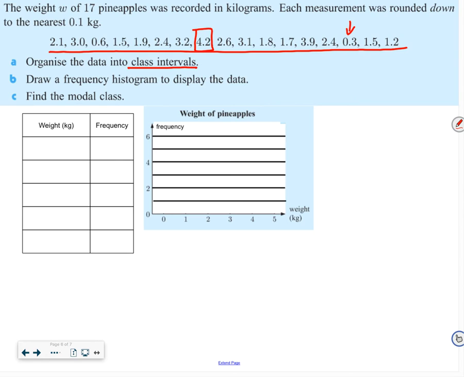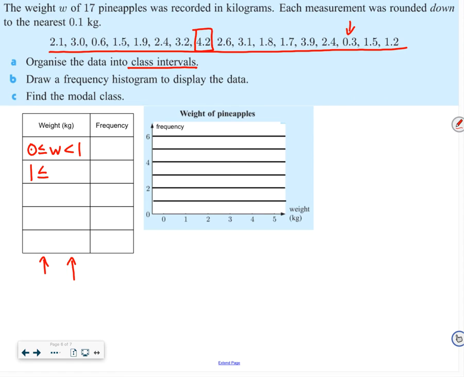For our first class, we're going to deal with pineapples from 0 to 1. Most of the time we include the lower bound, so it's greater than or equal to 0, but less than 1, and we're talking about our weight. For the next interval, because 1 was not included in the first one, we're going to include it in the second one. We don't include both bounds, because if a pineapple weighs exactly 1 kilogram, I can't be counting it twice in my frequency table.